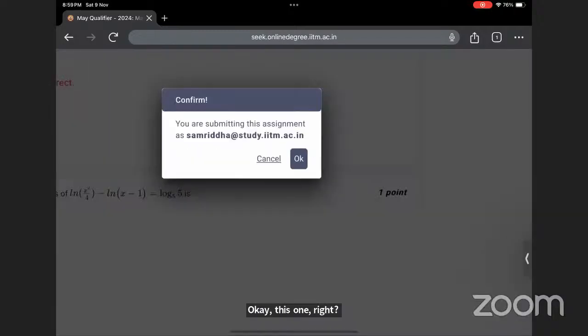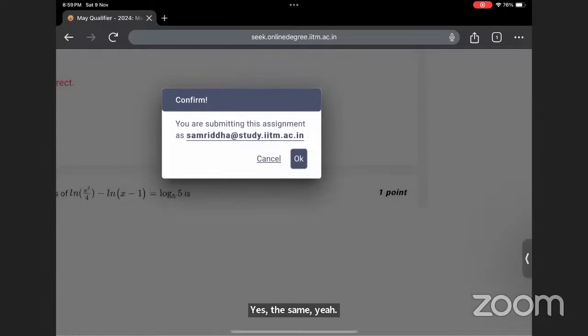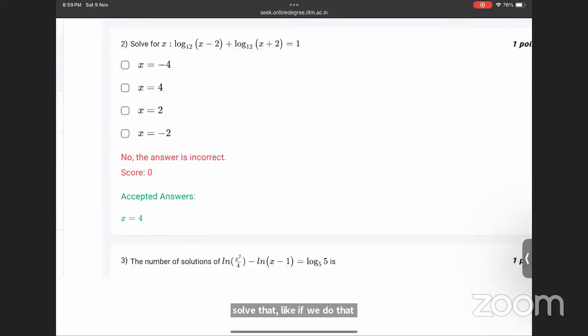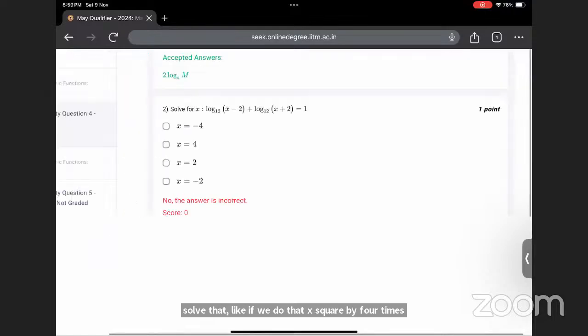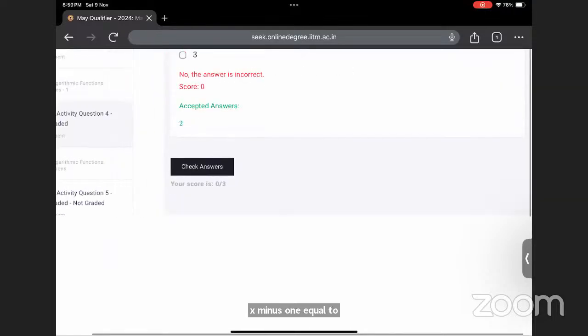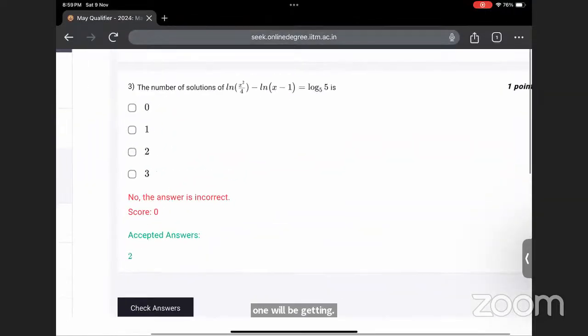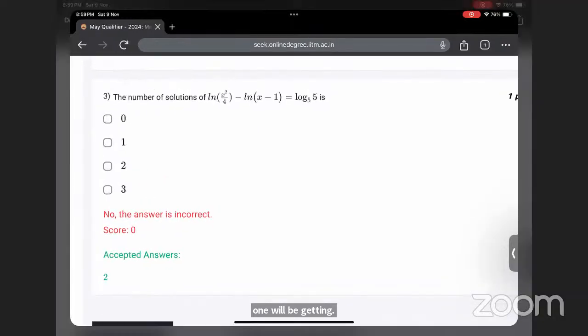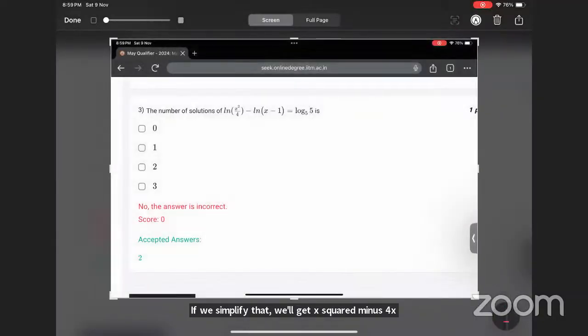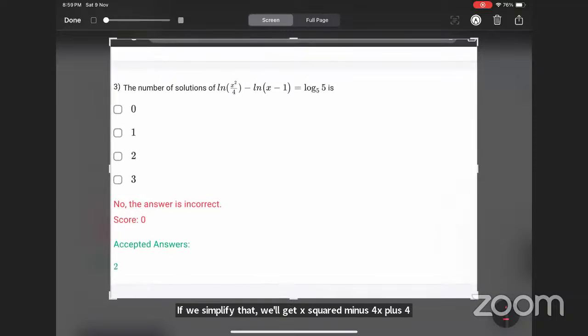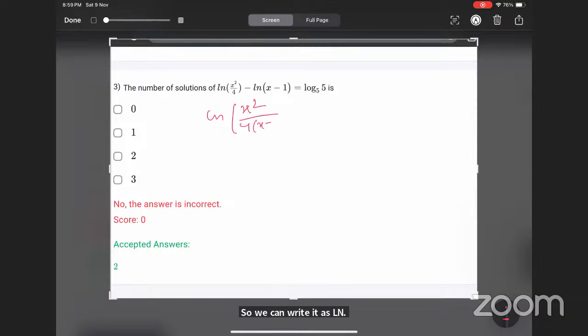If we solve that, x square by 4 times x minus 1 equal to 1, we'll be getting, if we simplify that, x square minus 4x plus... Okay. Let me do it step by step. So we can write it as ln of x square by 4 into x minus 1, and this will be equal to 1, right?